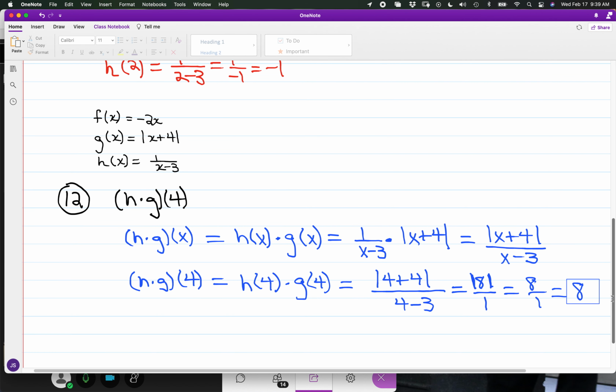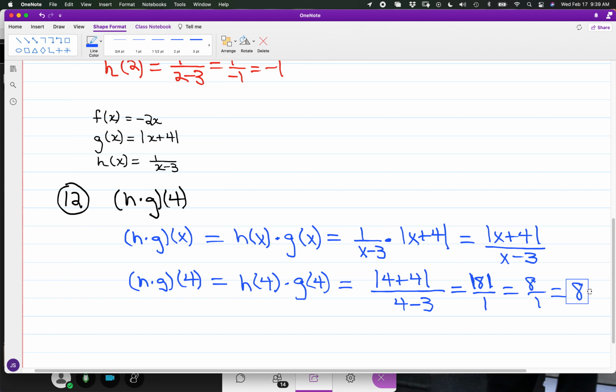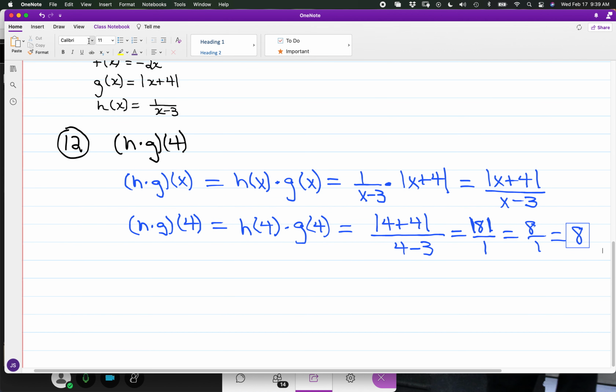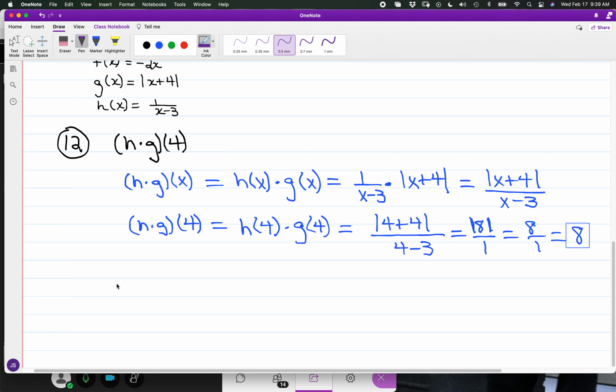So this is using the general case for the onset. But again, if I go with the specific case right off the bat, for h times g of 4 we have h of 4 times g of 4.